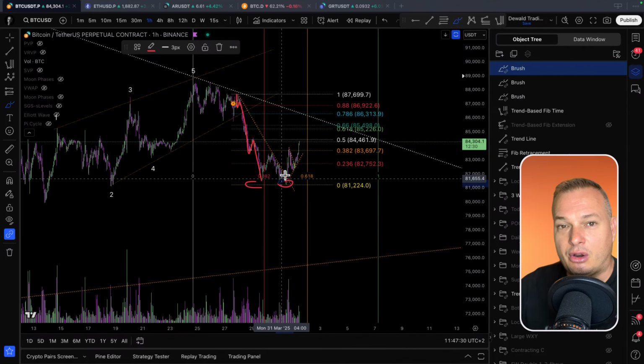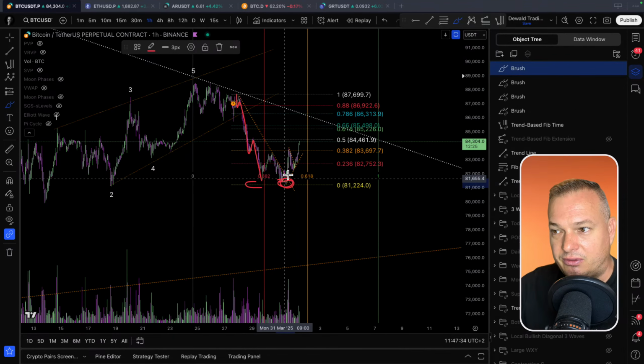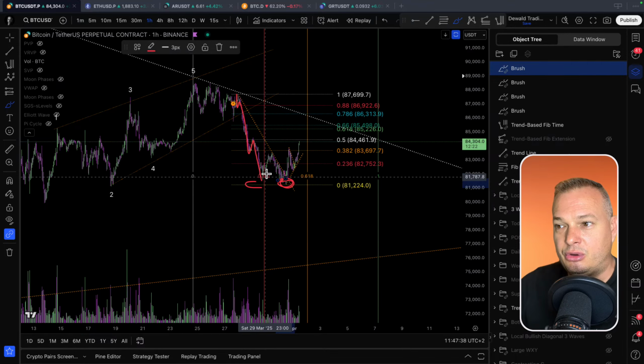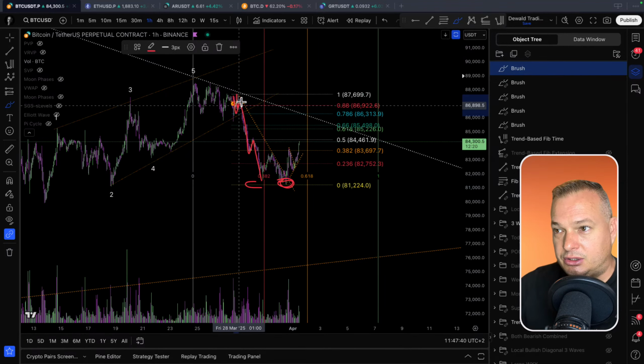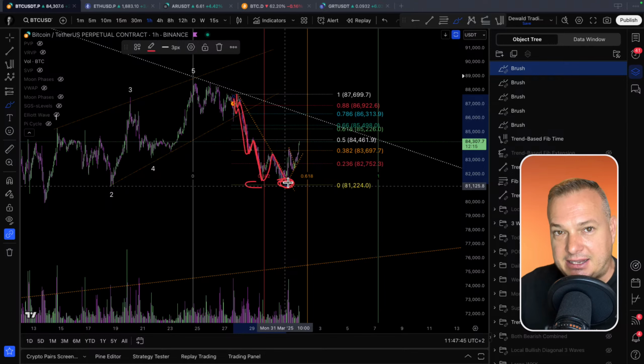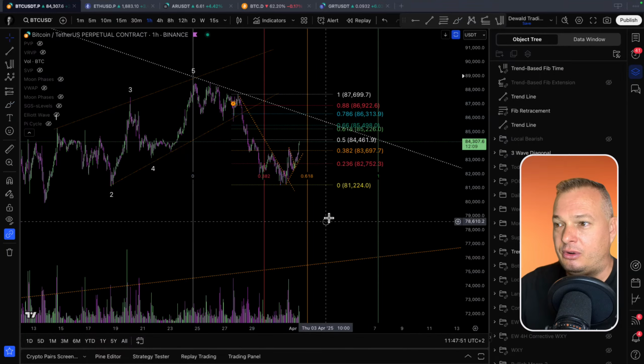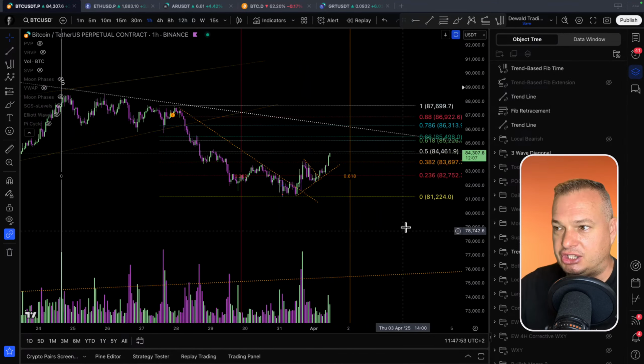This low does not make any sense. So for a C wave to end over here confuses the whole structure, because now you have a 1, 2, 3, 4, 5, 6, 7, a 7-wave structure. It's just not pretty. And then the other problem, remember what I always preach here on the channel.